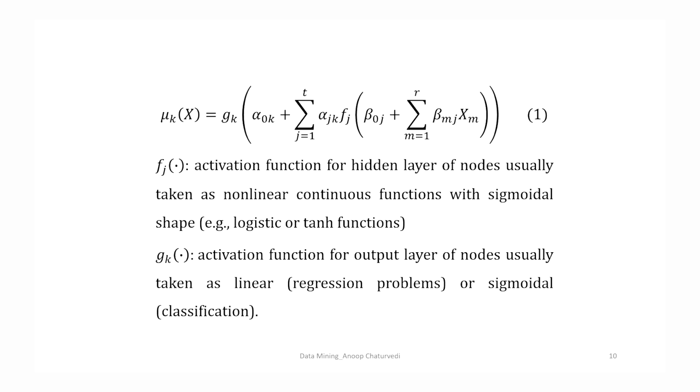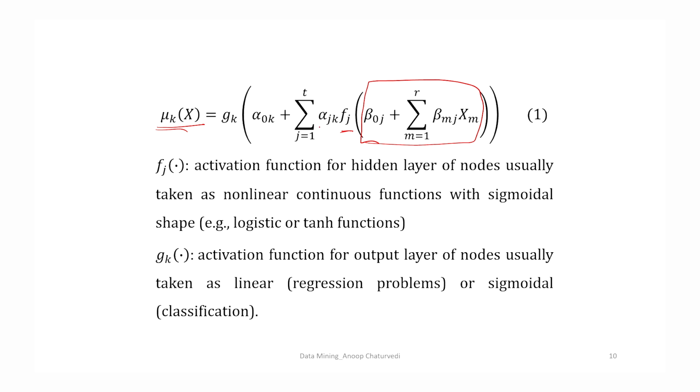Now, we try to write the form of mu k x. So, how do we get mu k x? We combine the inputs, then we apply this activation function.